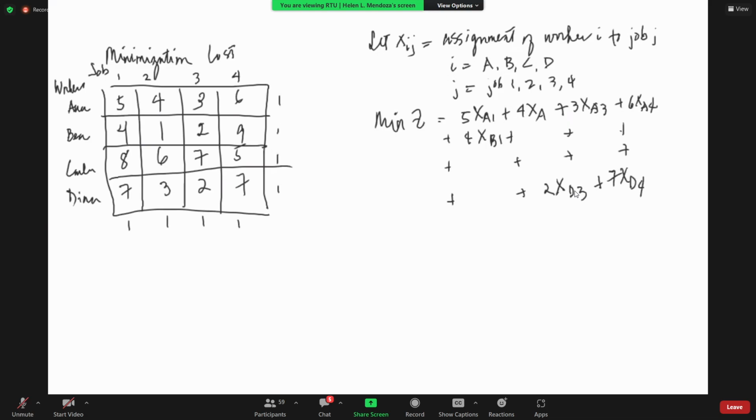XD4. Kompletuhin nyo na lang. Then we would have, subject to XA1 plus XA2 plus XA3 plus XA4 is 1. So pare-pareho sa 4, no? So yun yung XB1, XC1, XD1.